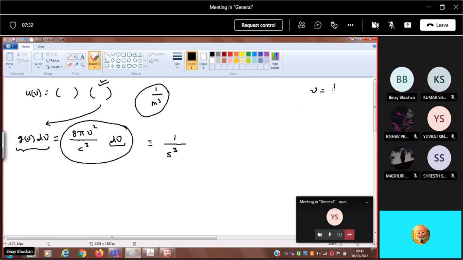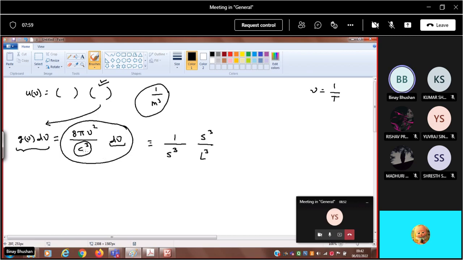Frequency is number of oscillations per second, so 1 by second cube. And then you have in the denominator c cube. c is the speed of light in free space, so speed is meter per second, and meter cube is length cube, and then you have second cube.